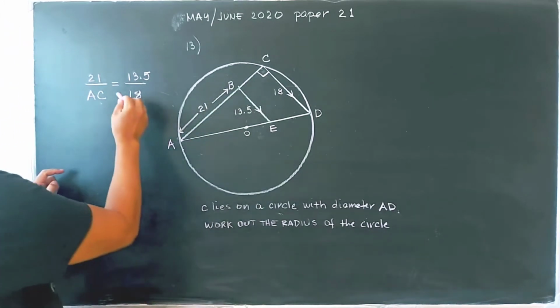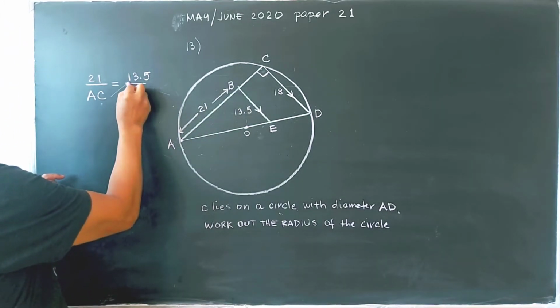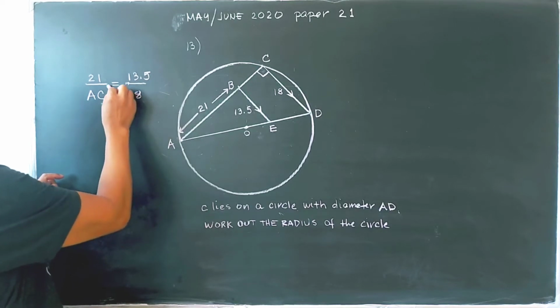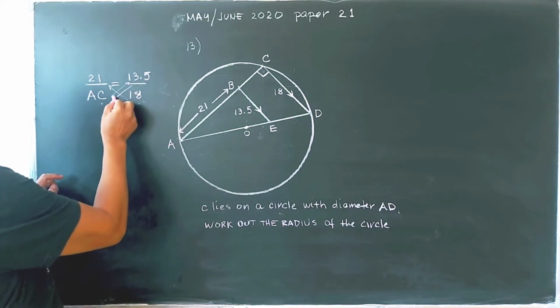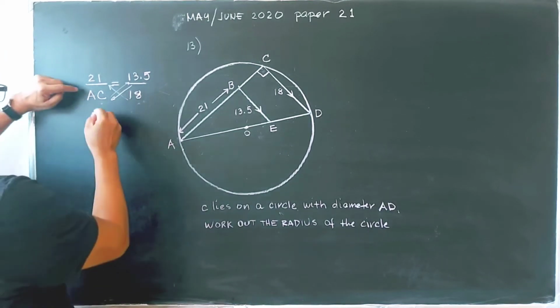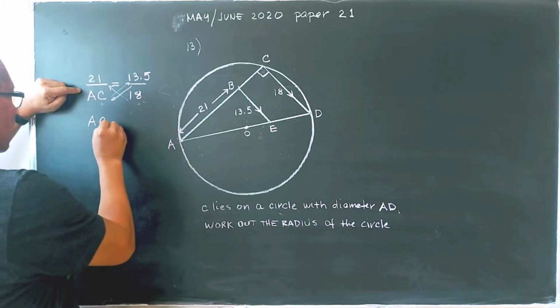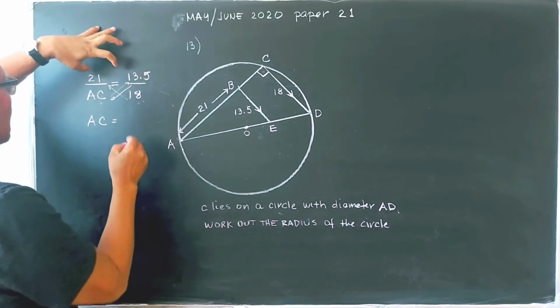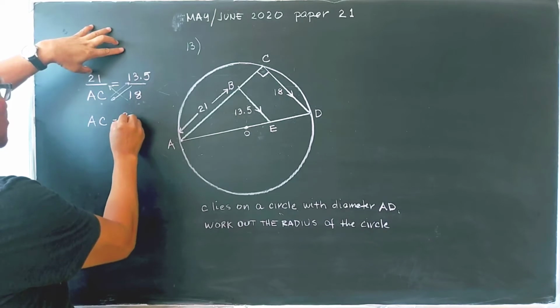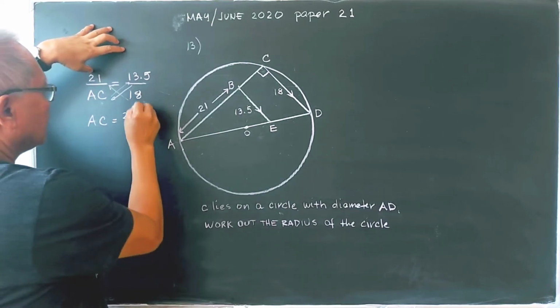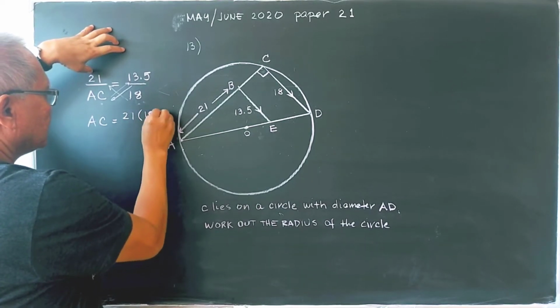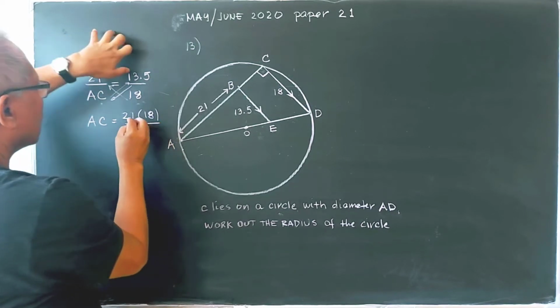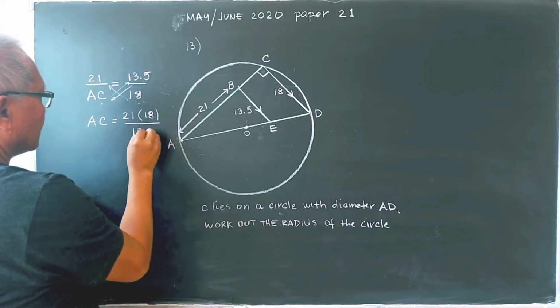By cross multiplication, multiply 18 to 21, multiply 13.5 down. So AC is equal to 21 times 18 over 13.5.